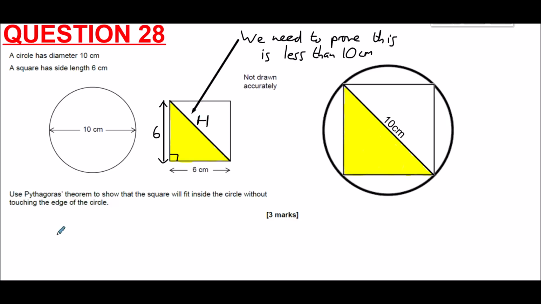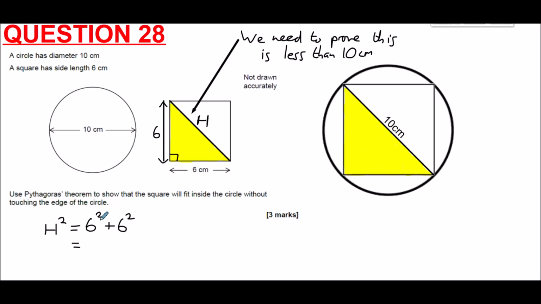Now Pythagoras' theorem says that the hypotenuse squared is the same as one short side squared plus the other short side squared. But because both sides are the same, that means 6 squared plus 6 squared. Because both sides are 6.